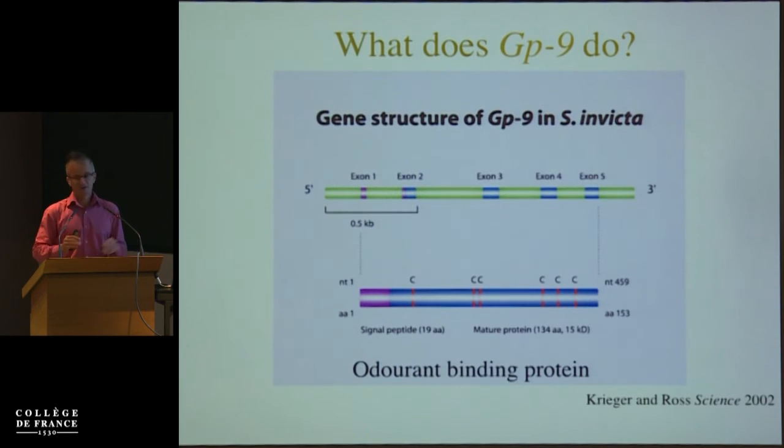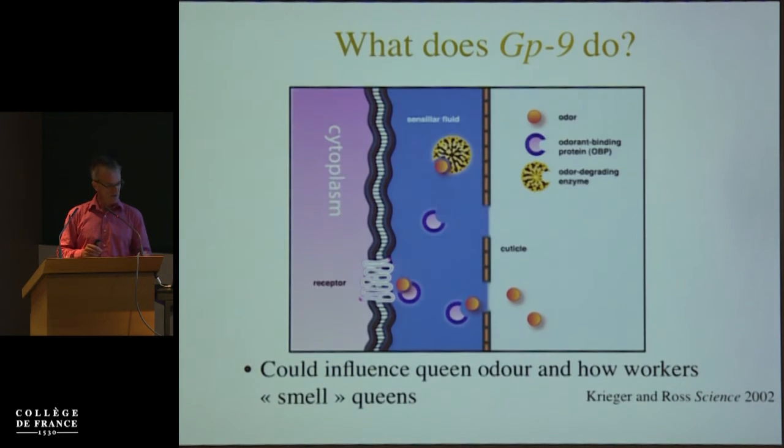When we did those experiments, we didn't know what GP9 was, but Mikkel Krieger, one of my PhD students, did a postdoc with my colleague Ken Ross, and they showed that it's an odorant binding protein, which in insects can carry odors in the hemolymph, the blood of insects.